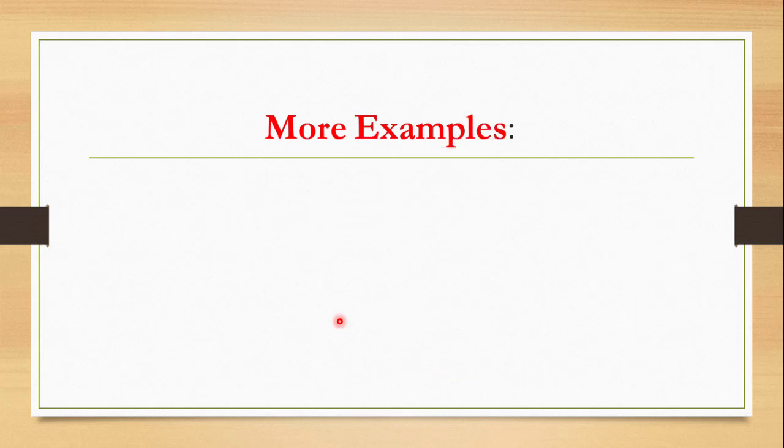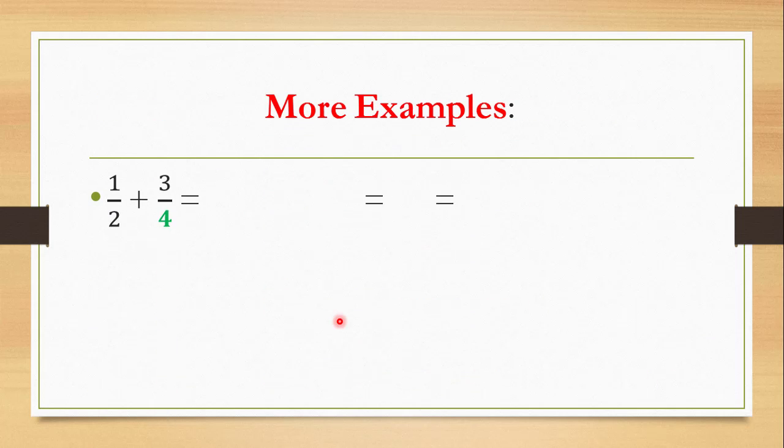Let's take more examples to clarify this point. Here, for example, we have different denominators. Okay, the lowest common multiple between 4 and 2 is 4. Okay, we can look at the greater one, which is 4. 4 is a multiple of 2, so I change 2 to 4 by multiplying by 2 up and down.